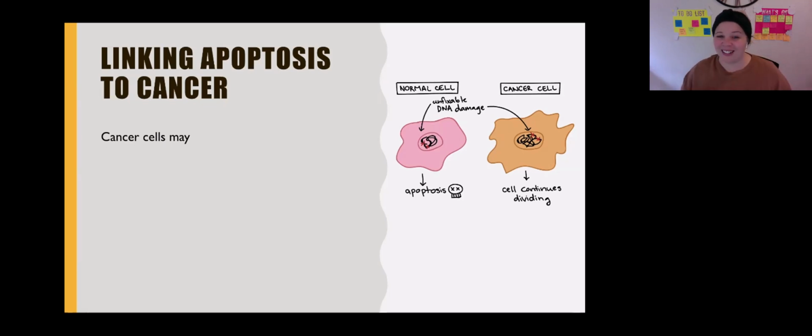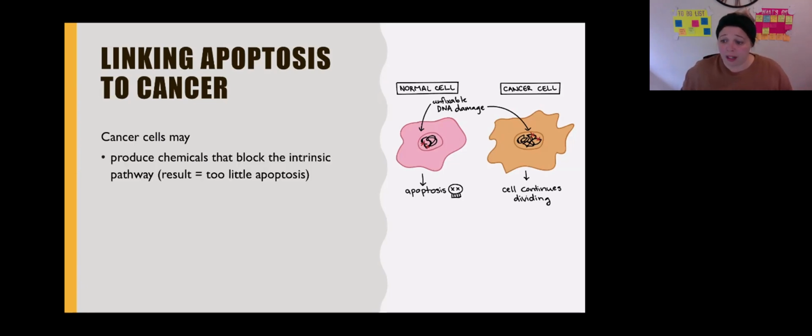I'm linking us back to the previous one. So normally the mitochondria detects the damage, and it sends signals to activate the caspase cascade, and you get apoptosis starting. However, in a cancer cell, that mutation exists, but no apoptosis is triggered. So what you get is that cell just continues to divide.